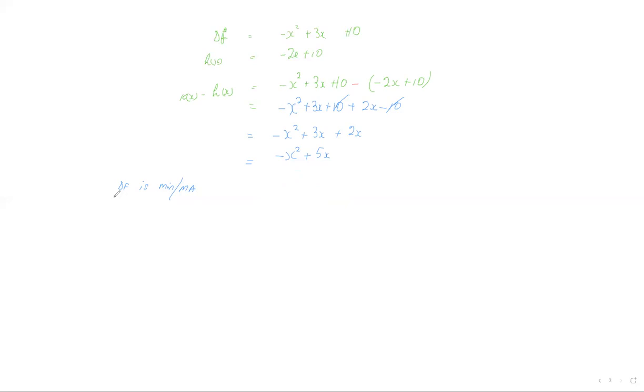Now, when they say DF is a minimum or maximum, you know that when a parabola turns this way, it gives us the maximum, or when it goes that way, it gives us the minimum. The turning point is along the x-axis where x is equal to -b over 2a, and the coordinates are (-b/2a, f(-b/2a)). That's the coordinates of the turning point.